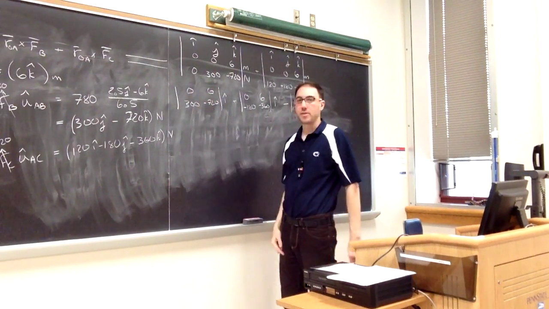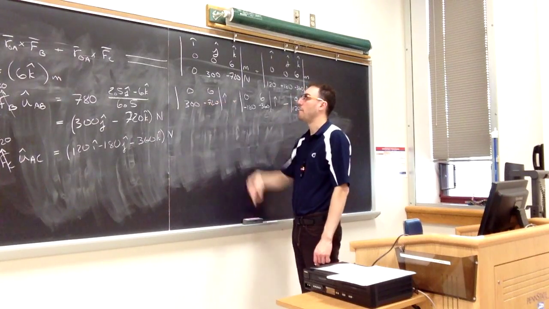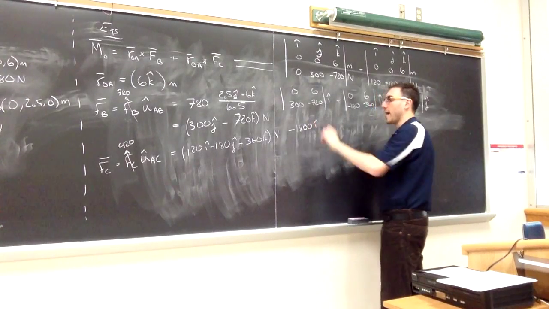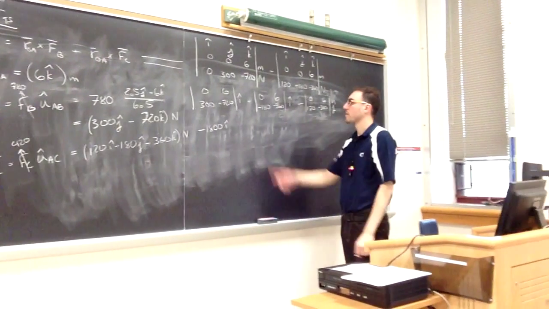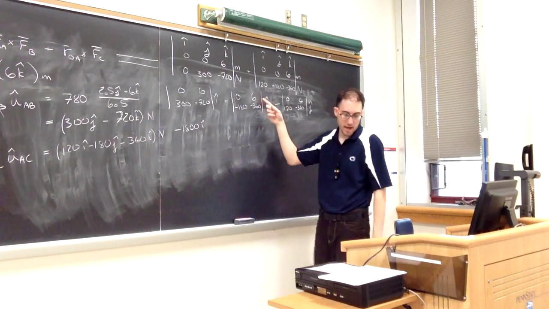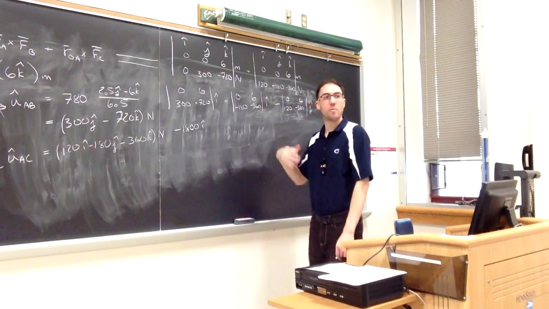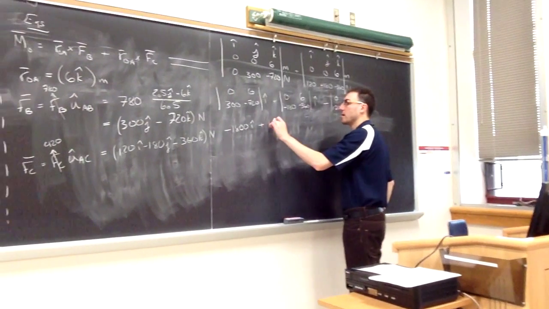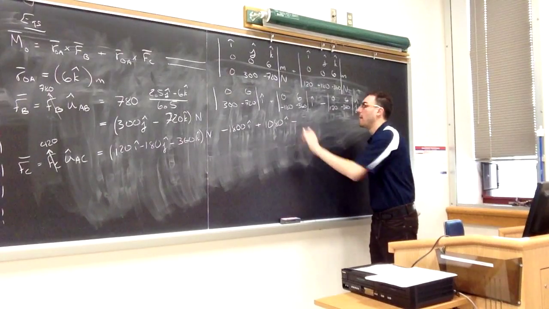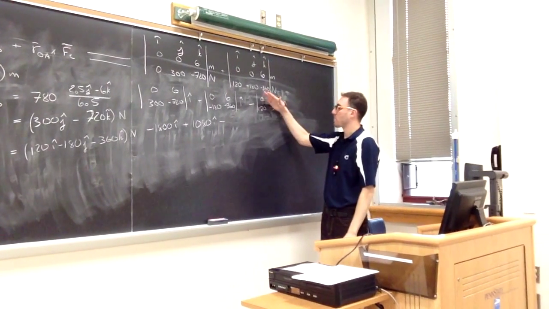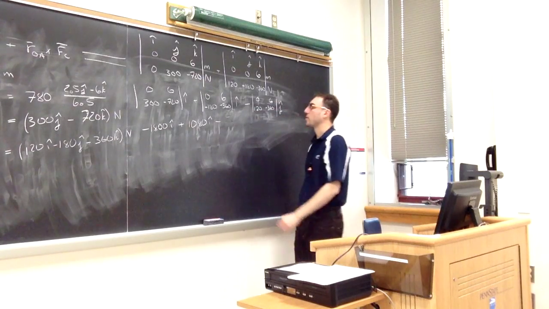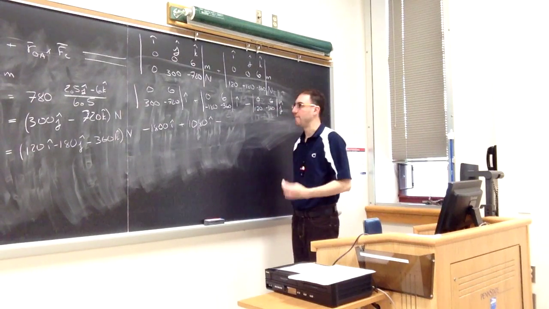Right, so expanding out this 2 by 2, we'll have 0 minus 6 times 300. That'll be negative 1800i. Then 0 minus negative, I think this is 1080, will be a positive 1080i. Then minus 0 minus 6 times 120, which is negative 720.